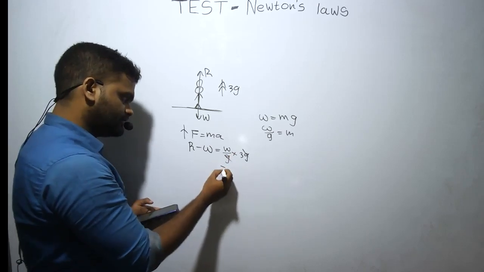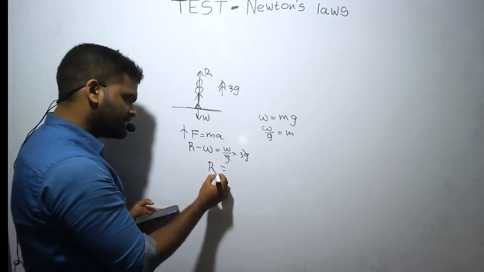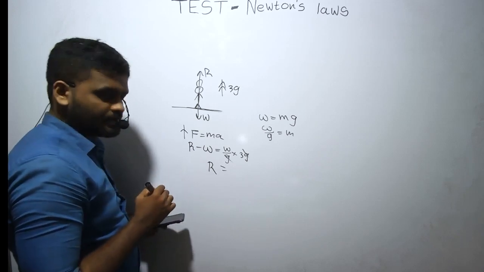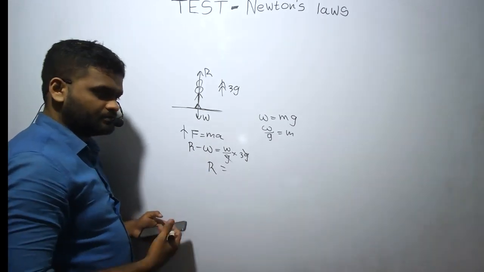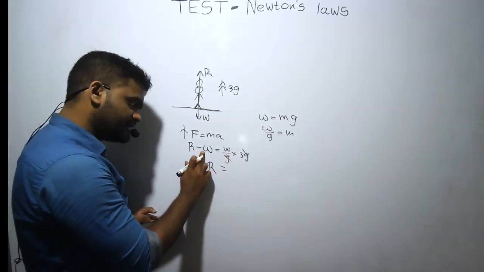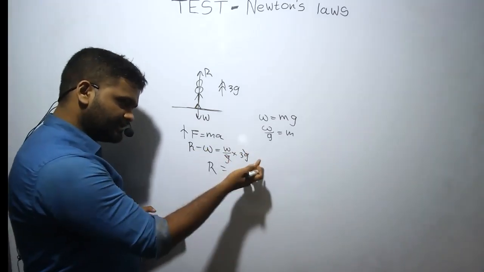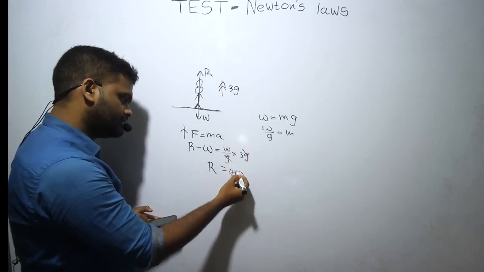The g cancels off, giving 3W. You need to write the answer in the next step, right? Don't write unnecessary steps. So this is 3W, here minus W. Just put it on the other side, it becomes plus. 3 plus 1 is 4W.